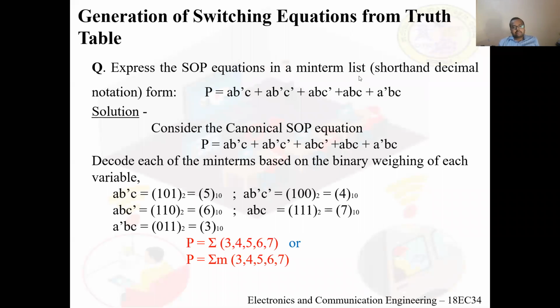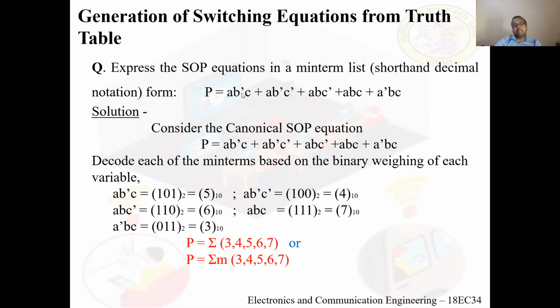Now we'll see how to convert the given min term list into decimal equivalent notation form. Now a SOP equation is given to us, and convert this equation into, it says, shortened decimal notation form. Now how do you convert?